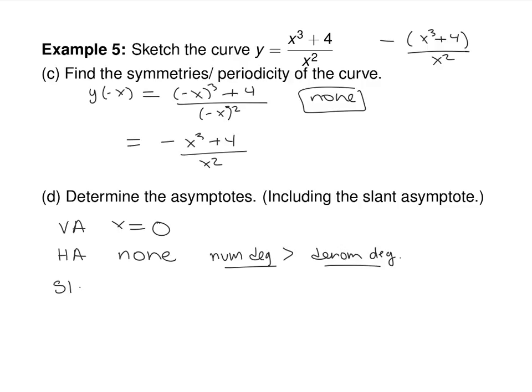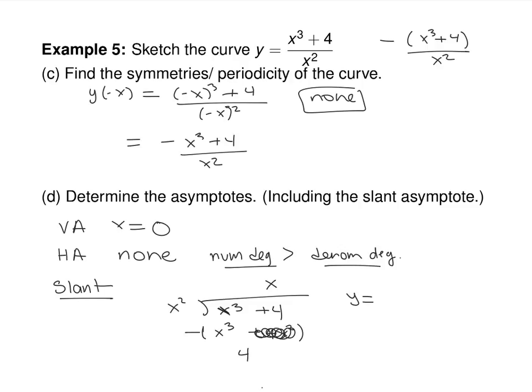Slant. Okay, so we're dividing x squared into x cubed plus 4. x cubed, just x cubed. Take it away, and you get 4.